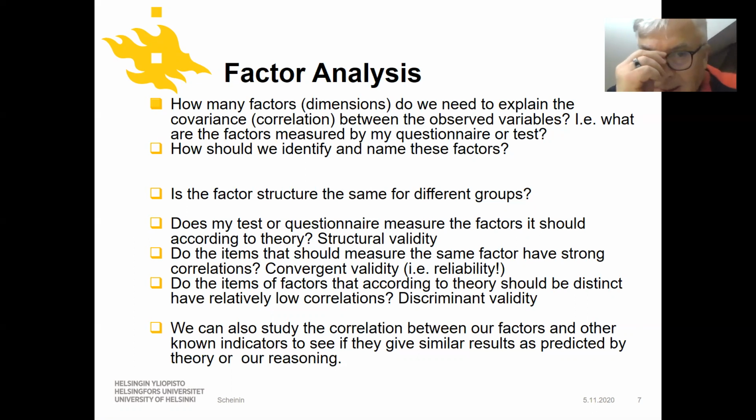The next question is, is the factor structure the same for different groups? We don't necessarily do this today, but the idea should be there in your mind. So if you're trying out a new questionnaire and you find a certain structure there, it would perhaps be worthwhile to see if the structure is stable, for instance with women and men, or with students with high abilities and with learning difficulties.